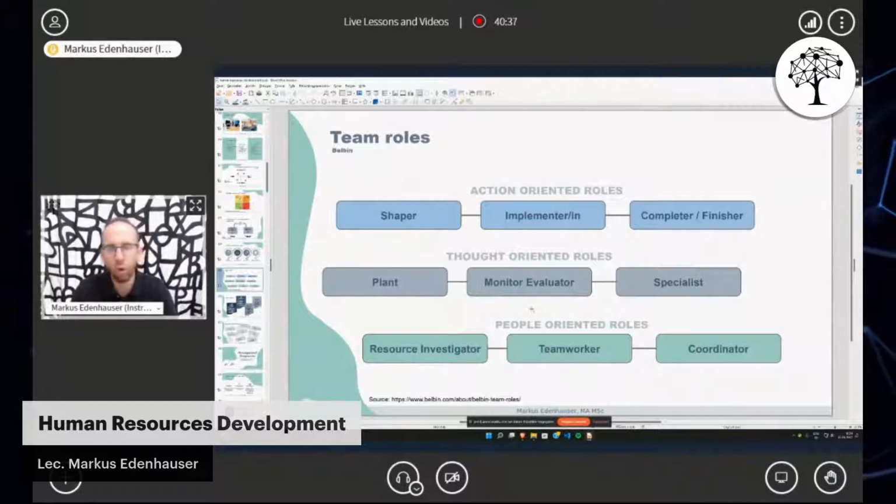And this people-orientated role could also be fulfilled by the team leader, for example, and then you can see what the next 2 categories are. For example, you need a lot of specialists, but not all specialists. So a specialist could also be an implementer, a completer, and a finisher.